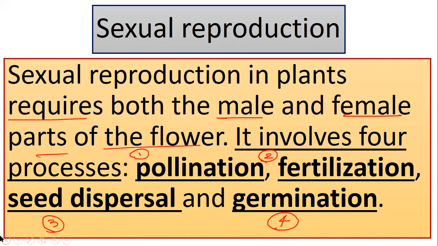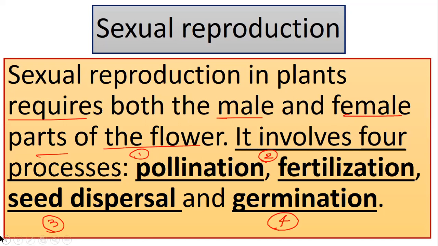I'm writing. Yes, okay. I am writing. Very good. This is like a technique to study by yourself, right? So sexual reproduction requires 4 processes: pollination, fertilization, seed dispersal, and germination.